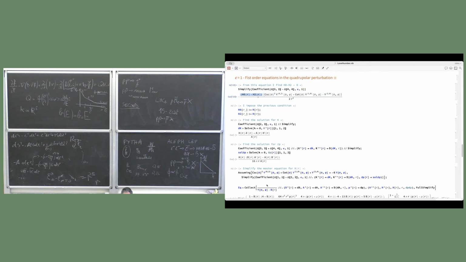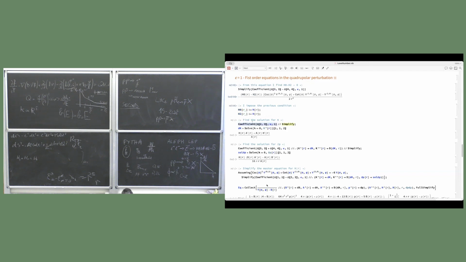So the only way for this to always be 0 is if this thing here is 0, which gives me a condition between the two metric perturbations. So taking this combination of the field equations tells me that H naught is equal to H2. Okay? So I'm writing H2 equal to H0 equal to H.